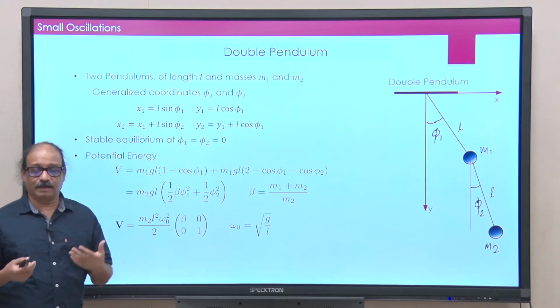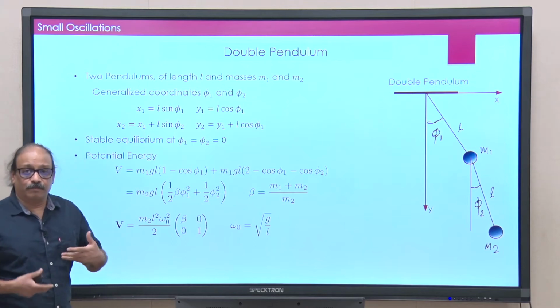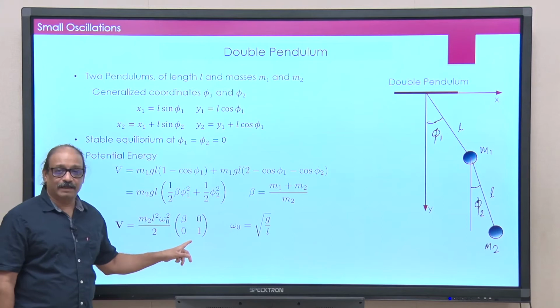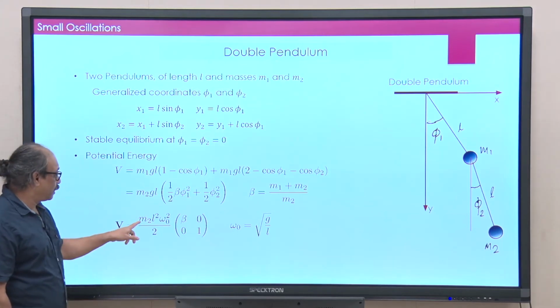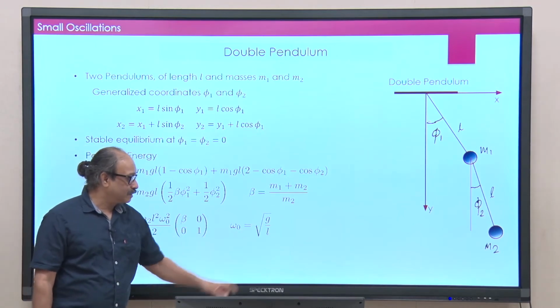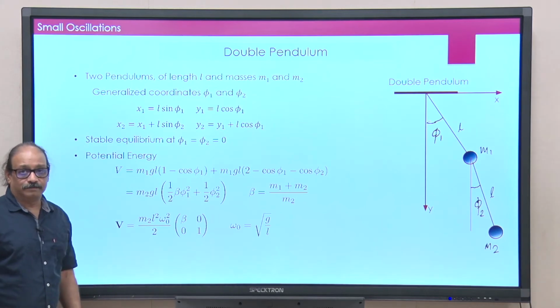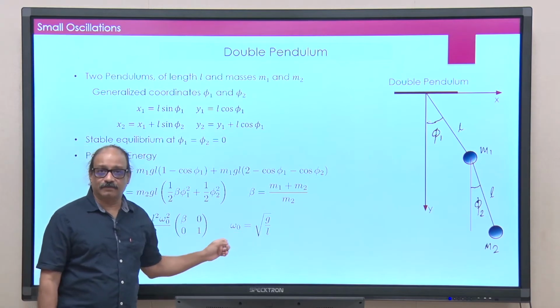Okay. But however, that leaves you with an eigenvalue problem. You can have a solution if both of these are diagonal, but in this case V matrix is diagonal, T matrix is not. Okay. So, it will be m 2 L square omega naught square, and I have defined omega naught as square root g by L. Okay. That is a standard, if you have a single pendulum, that would be standard natural frequency there.